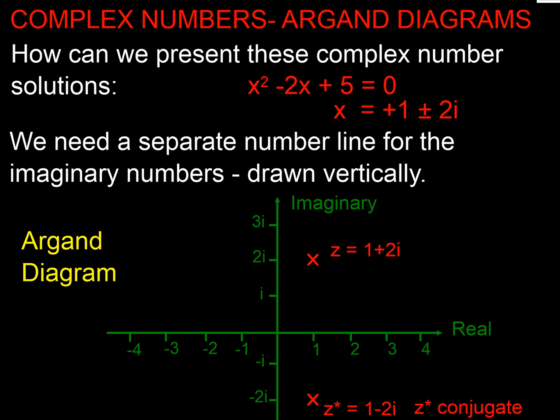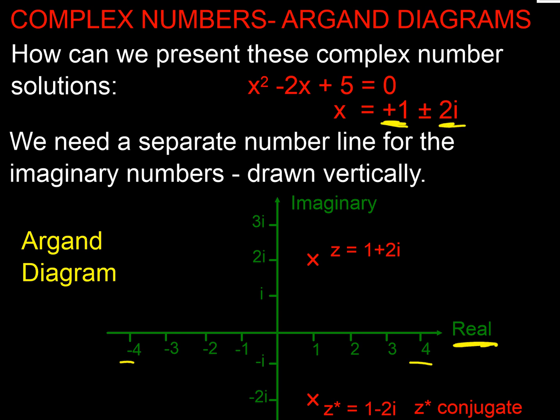What we're going to do is think about the fact that we start off here with our real number line, yeah, minus 4 all the way up to plus 4. And that we can deal with our real numbers, yeah? That would deal with our plus 1 here, isn't it? We could just draw our plus 1 onto this line, we know where we are. But we've got to do something with the 2i.